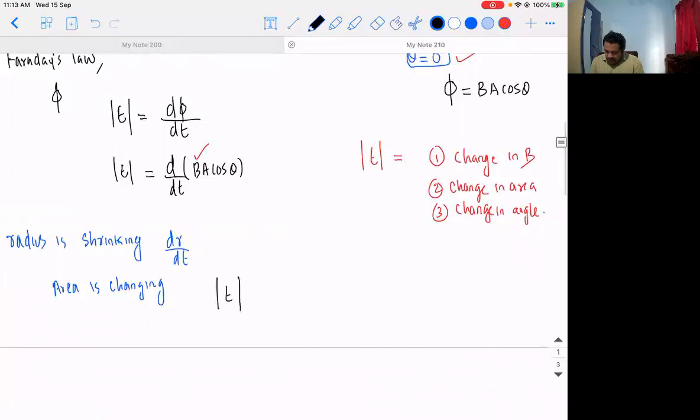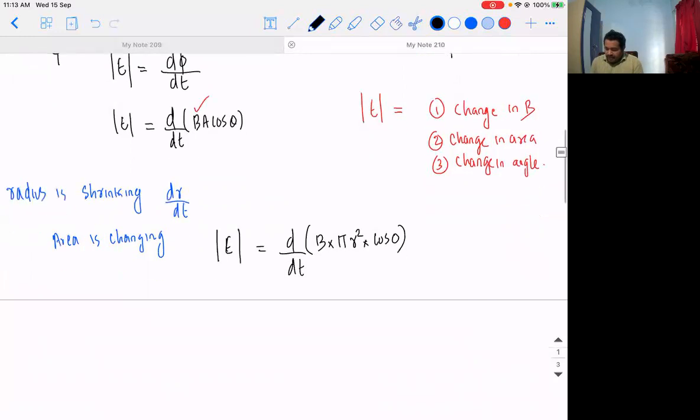So the magnitude of the induced EMF is equal to d by dt of B times the area of a circle, pi r square, into cos 0, because the angle between them is 0. Here B is a constant, we can take it outside. Even pi we can take outside. That becomes d by dt of r square. If I'm differentiating, that becomes 2 pi r into dr by dt.